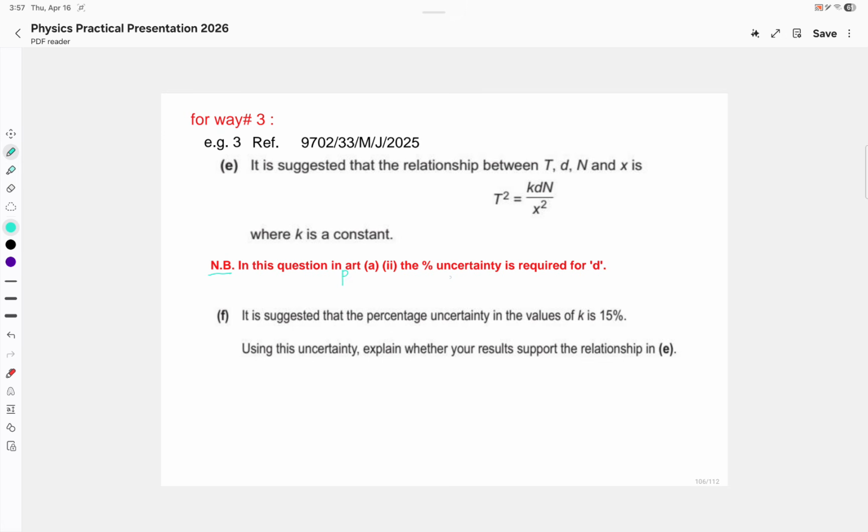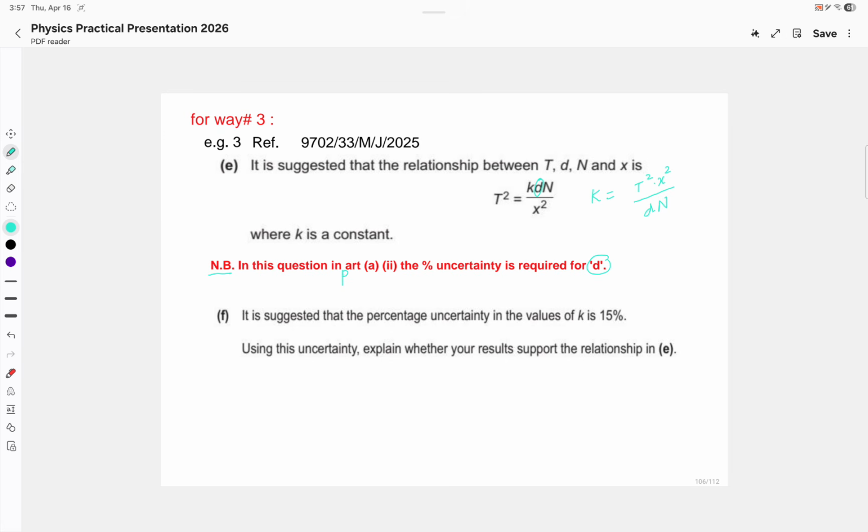The percentage uncertainty is required for d, where d would be some quantity which is already mentioned in the formula for k. Because when you make k the subject, you are going to write: t square dot x square divided by dn. It means in the formula of k, the percentage uncertainty is involved.